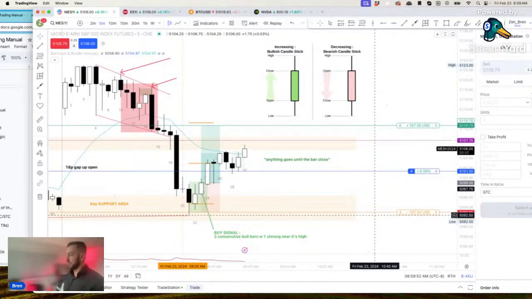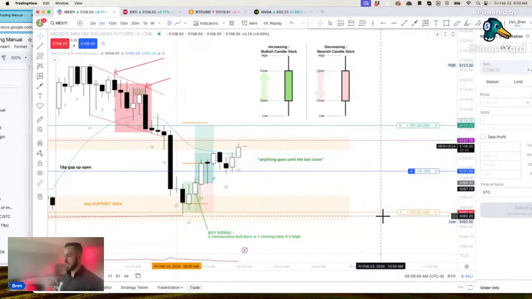At the minimum, we want a close past the midpoint. Man, that is a great close. All right, this is good. This is good for our long position.